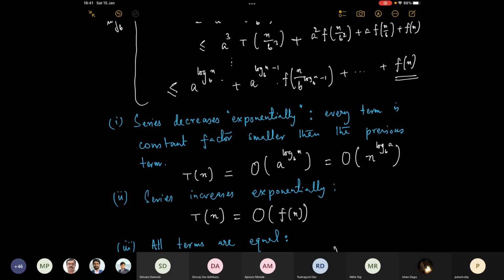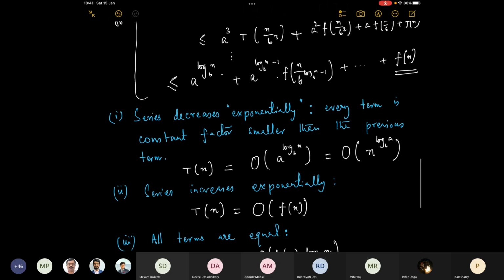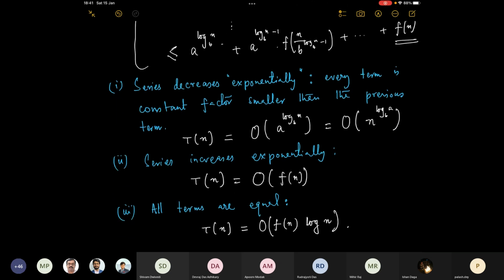That means for what relation between A and B the series will be exponentially decreasing, for what relation the series will be exponentially increasing, and for what relation all terms will be equal. If you write those relations, what you get is the master theorem. That is a bit ugly, but let me not write it. And I request you not to look at it either.